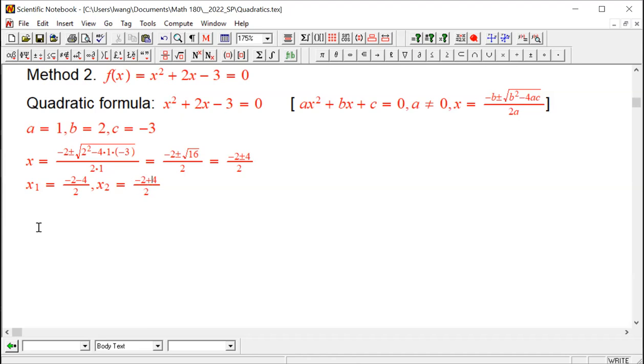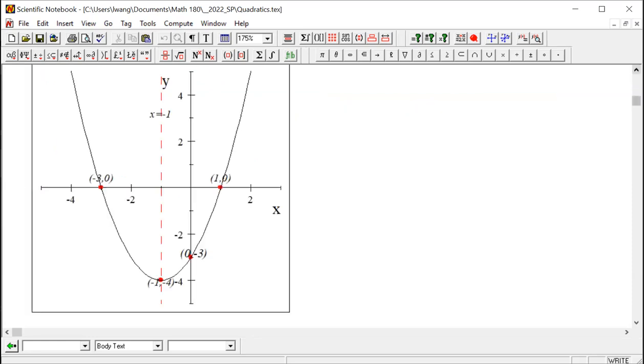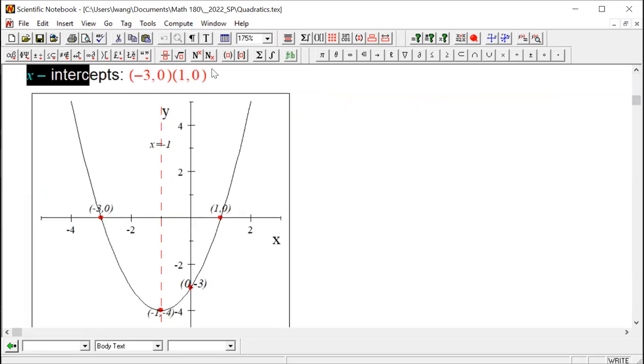And then you simplify, right? This one gives you negative 3, and the other one gives you 1. So that's why when I see it gives me 1, that cannot be right. So you still get these 2 x-intercepts. This is another way to get the x-intercepts, which is the same as here.